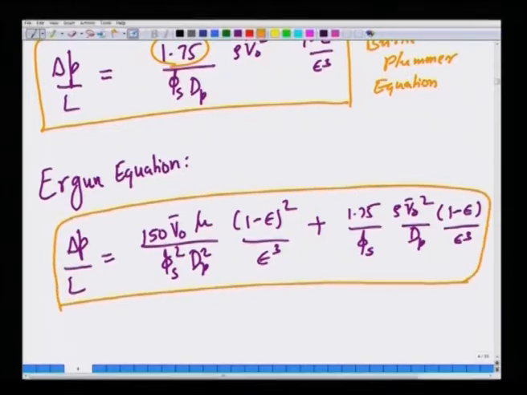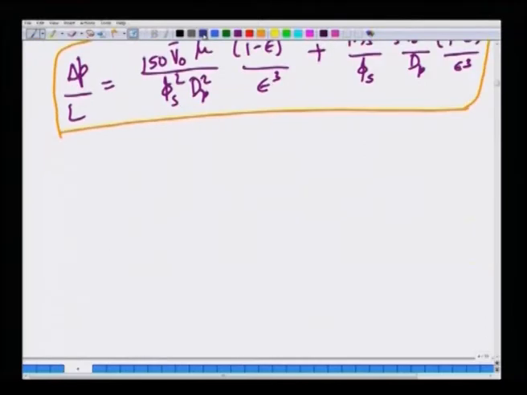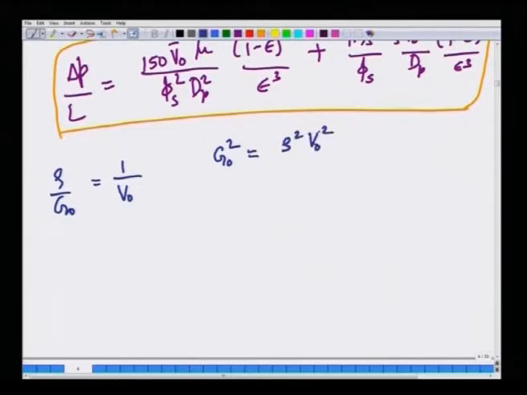So, this is the Ergun equation, which is merely an addition of the two results that we have obtained so far. Okay. So, people often define G naught as rho V naught, or G naught squared is rho squared V naught squared. So, rho by G naught squared therefore becomes 1 over rho V naught squared. Whenever you have 1 over rho V naught squared, we convert it to rho by G naught squared.